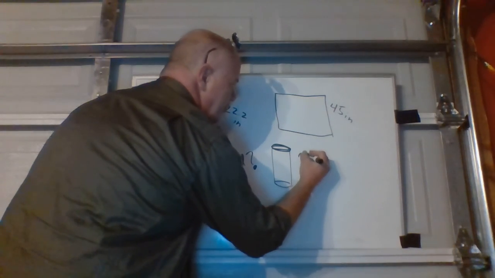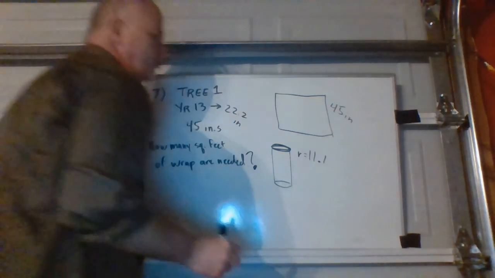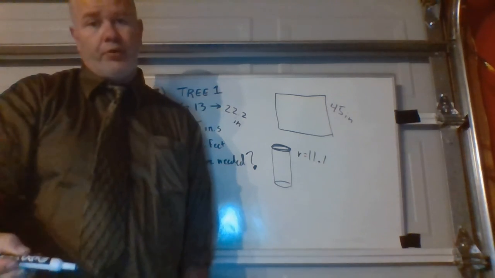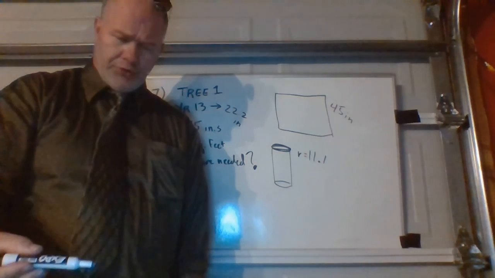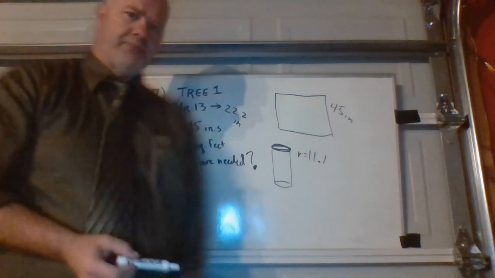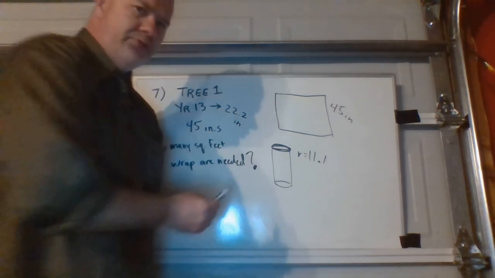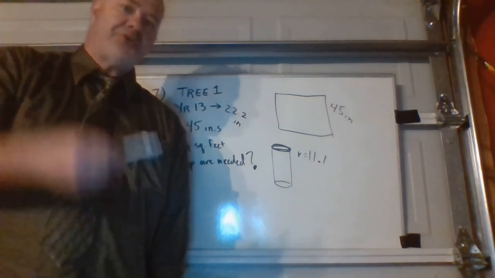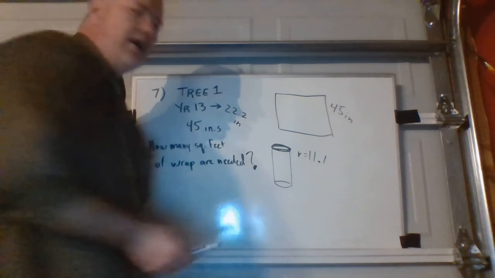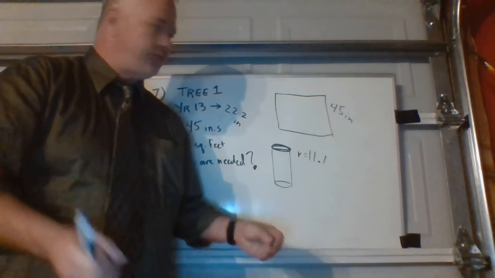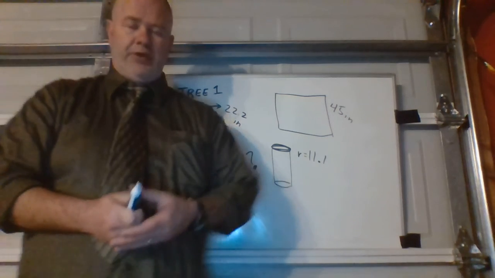The reason we're doing that is because when you look up the formulas for a circle, they're given to you with the radius. We actually need to find the circumference of that circle. That's going to correspond directly with the width of this rectangle.